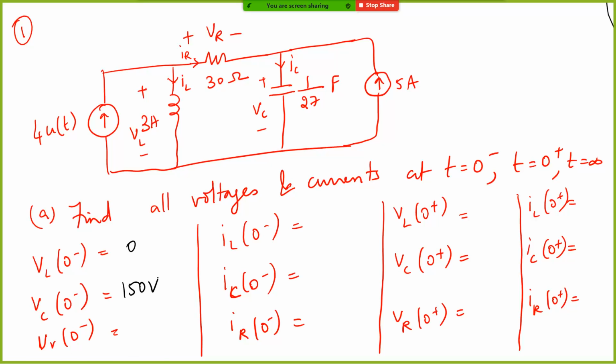Okay. Right. The third one, what is it? VR. Minus 150. Correct. Minus 150 volt.